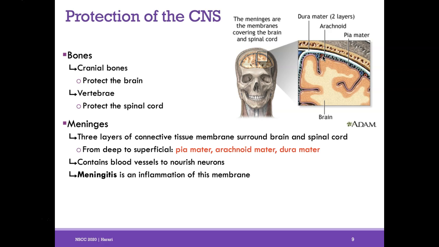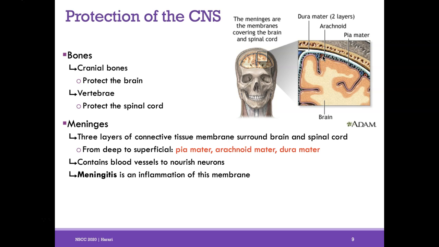And you might have heard of meningitis, which is a disorder that is a result of inflammation of the meninges. This is a very serious disease, it could be either viral or bacterial. So usually they invade by the respiratory system.